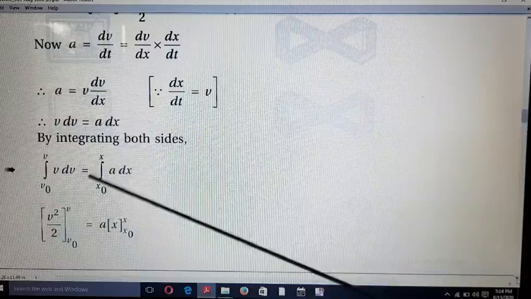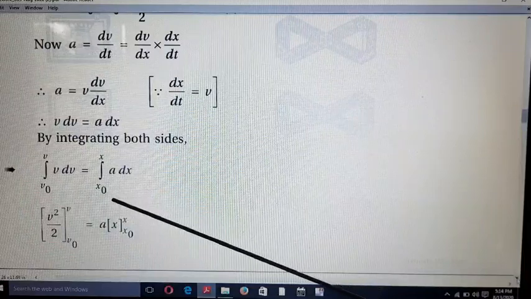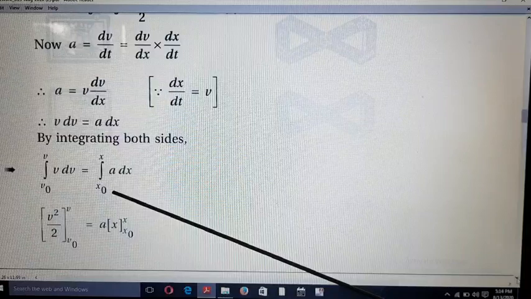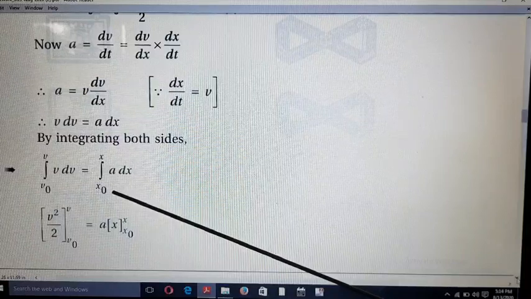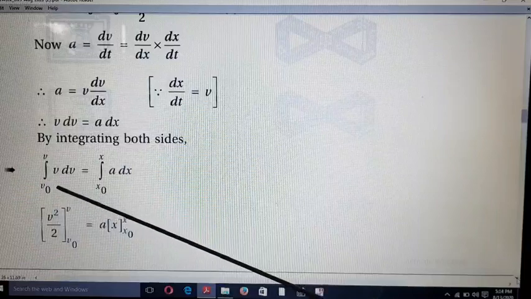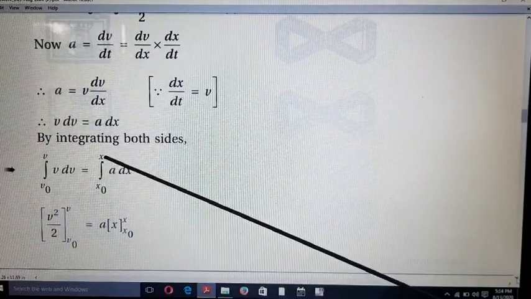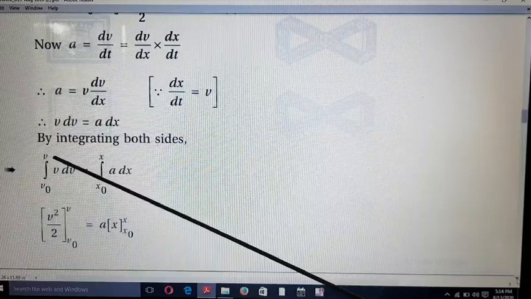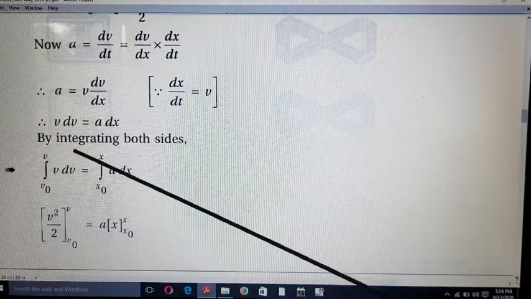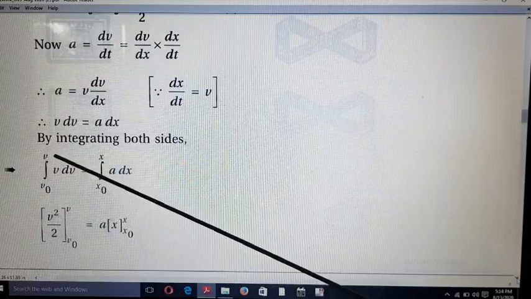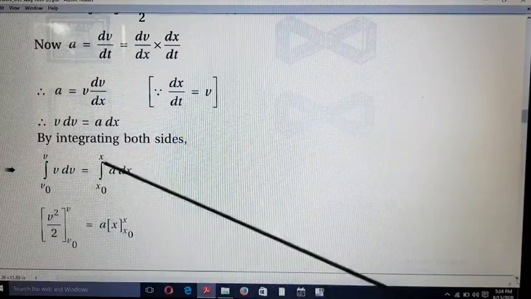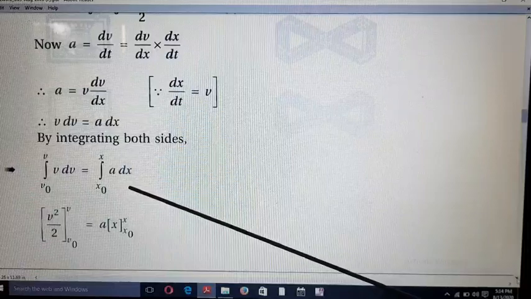Here we assume that when the displacement is x0, at that time the velocity of the particle is v0, and at position x its velocity is v. So now we take the integration: v0 to v, v dv is equal to x0 to x, a dx.